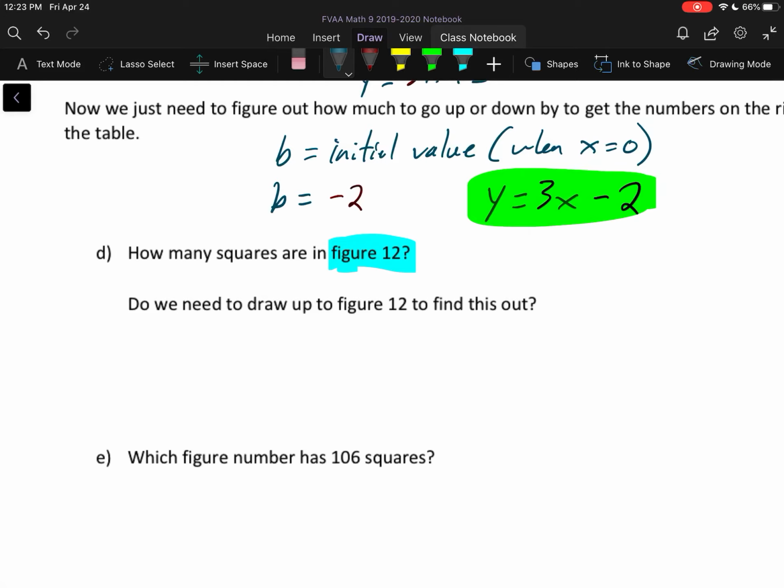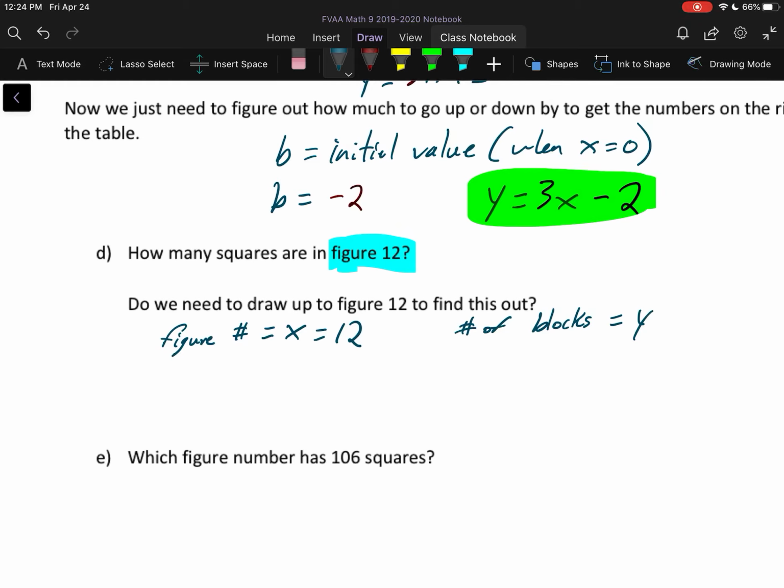We have a figure number, and we said that is equal to x. In this situation, our figure number is equal to 12. And we want to know how many blocks. Well, number of blocks is equal to our y variable, and we can solve for that by plugging into our equation.